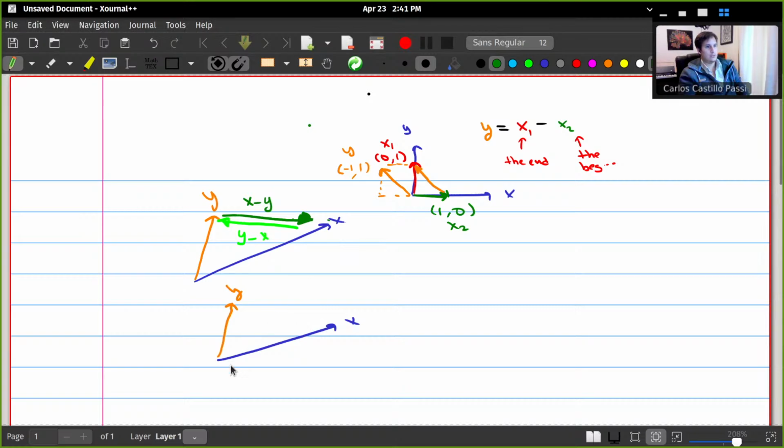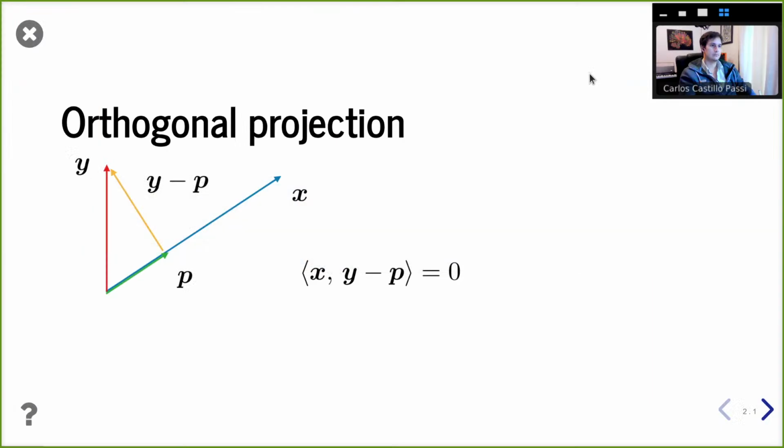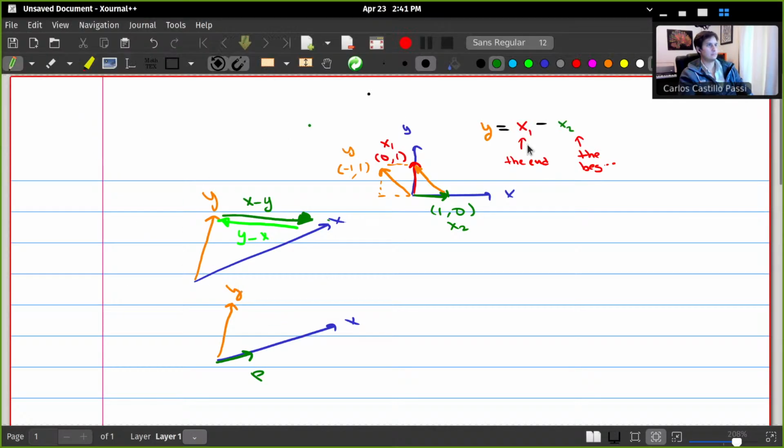Okay, so if now we want to have this P, and we saw earlier that we have this y minus P. That is because the end of this vector is y and the beginning is P. We put it in yellow. This is the vector y minus P. But in this case, it would not matter if it was pointing in this way or the other way around, because we only care about the dot product.